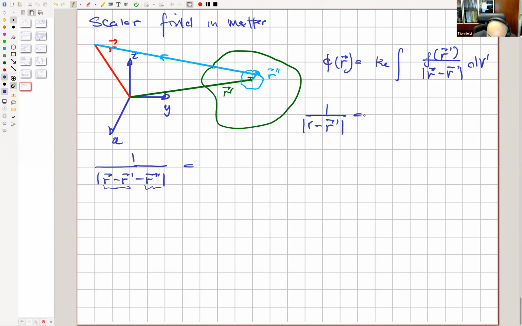Okay, so this 1 over R minus R prime. What is the multipole expansion of this? I'll give you 2 minutes to think about it, to refresh yourself, or even just look it up.